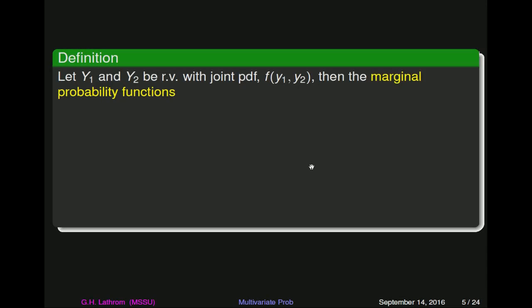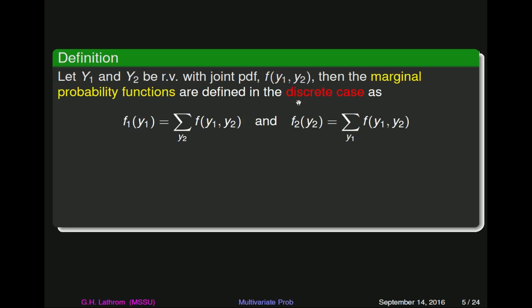So now let's look at another new definition. What this new definition will do is allow us to go from the multivariate case down to the single variate case. So let's see how we can do that. Well, if we've got two random variables, y sub 1 and y sub 2, and we have a joint PDF for those being little f of y sub 1 and y sub 2, then these things called marginal probability functions in the discrete case are defined as follows.